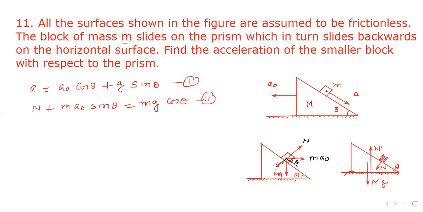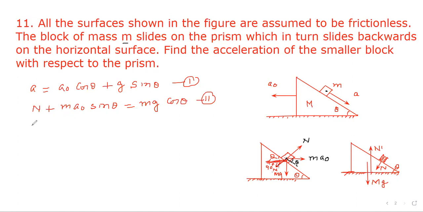Now, let's consider the net force on the prism. The net force on the prism will be the component of N in this direction. N is acting here. If we draw a parallel line, this angle is theta, so this will be 90 minus theta. So N cos(90 minus theta) will act in this direction.